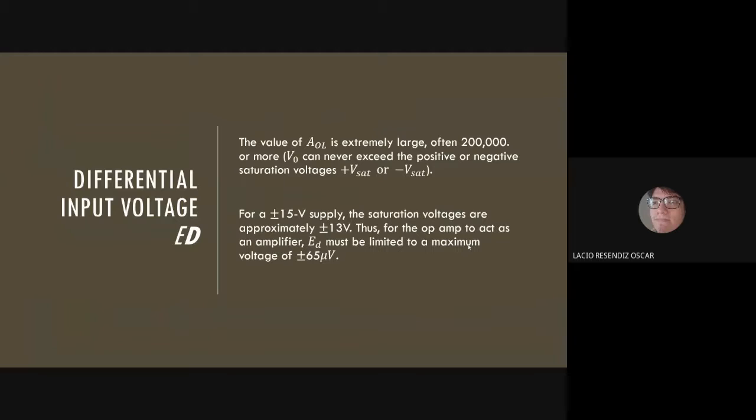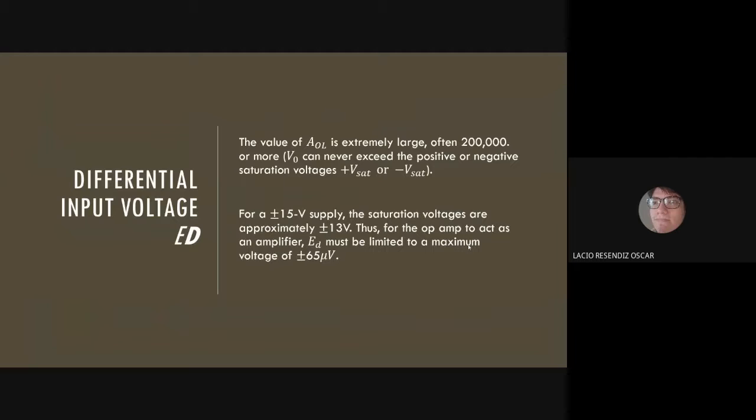The value of AOL is extremely large, often 200,000 or more. VO can never exceed the positive or negative saturation voltages, plus Vsat or minus Vsat.